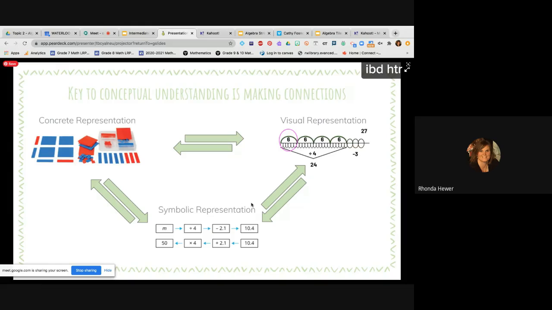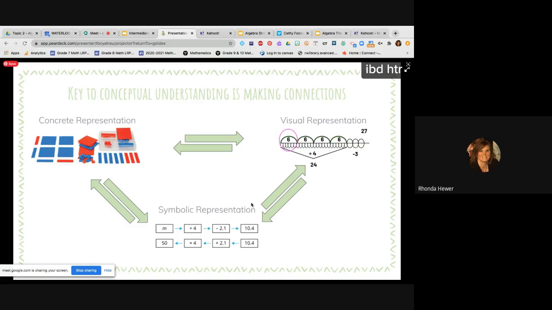Okay, your role as a math teacher. Some people get confused when we talk about concrete to symbolic or visual to symbolic, and they think, oh, I expose all the students to all of these methods, and then the students choose which one works for them. Yes, to a degree. We eventually want students leaving grade 7 and 8 living in the symbolic world.